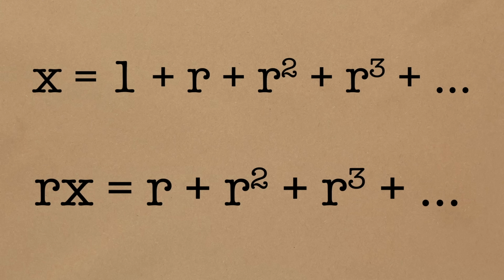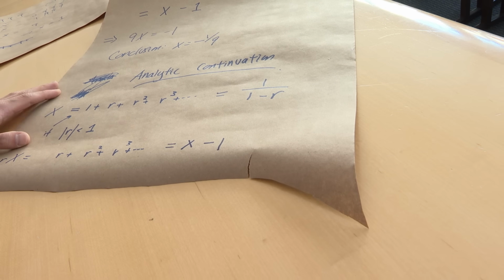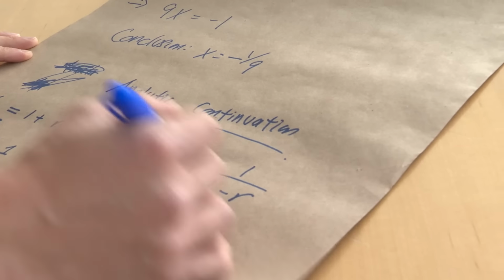And that's the same as x, except that this 1 is present in x and it's not present in r times x. So what we see is that this is equal to x minus 1. And then if we shift things around to the side divided by the r minus 1, we get the conclusion that x is equal to 1/1 minus r.